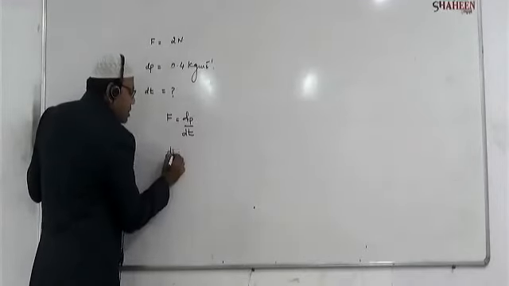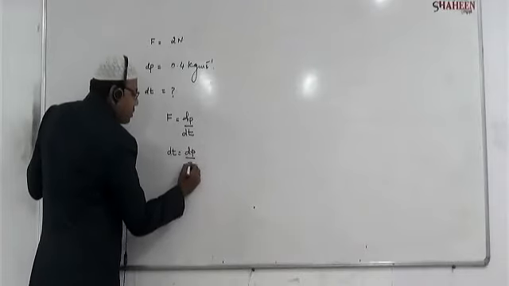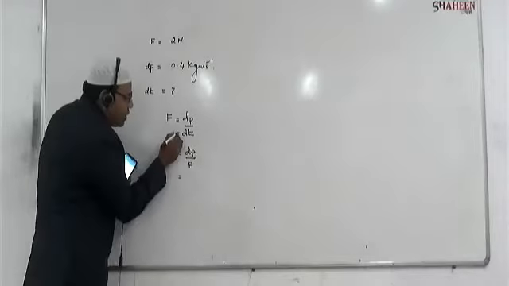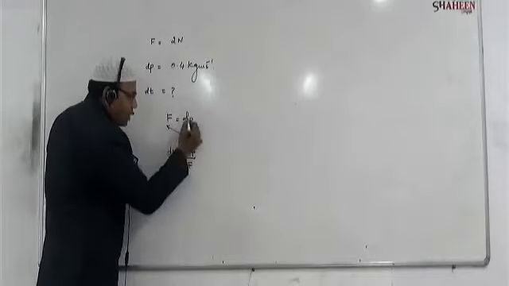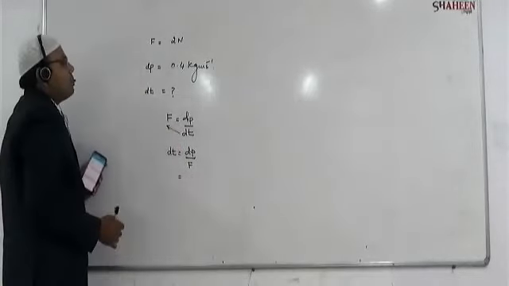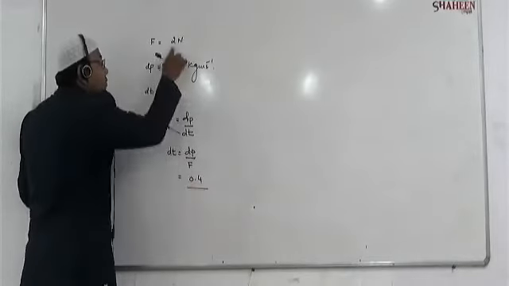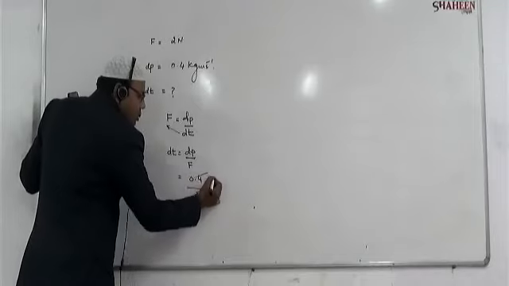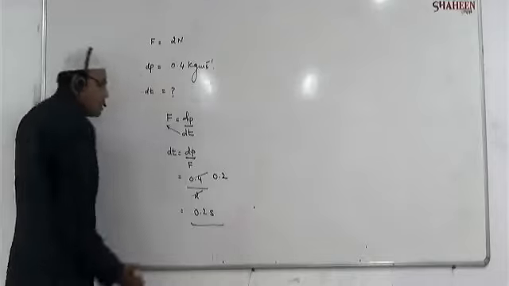So dt is equal to dp by F. Cross multiplying, I am taking F in the denominator, that is dp by F. dp is 0.4 and F is 2. If you divide this, we get 0.2. So 0.2 second is the answer.